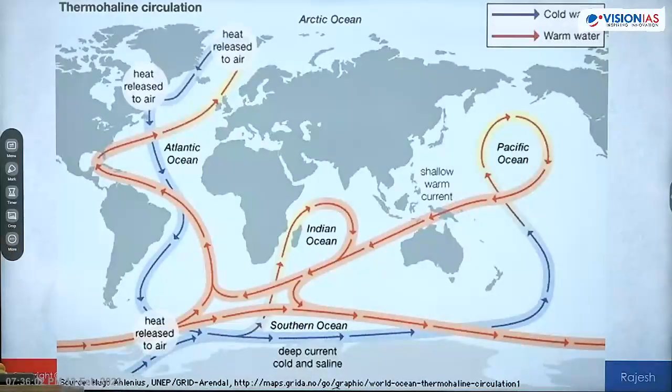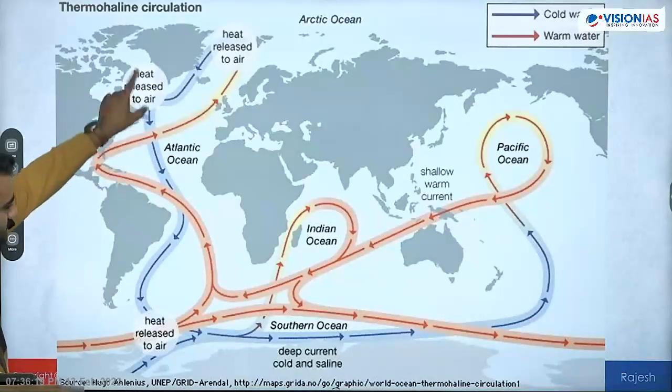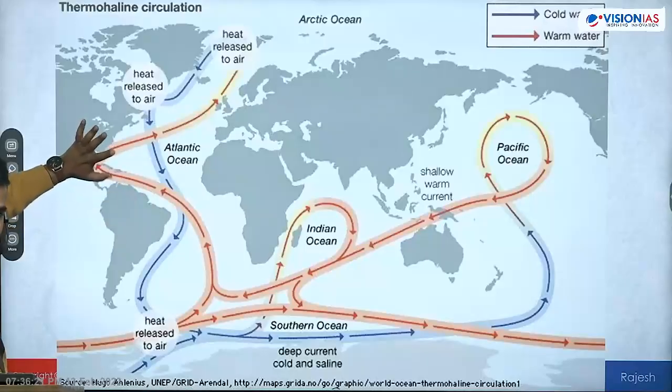So now if you see this part of the thermohaline circulation, I told you this same circulation goes across the entire earth and all the oceans are covered. One of the largest parts of this circulation is in the Atlantic Ocean.